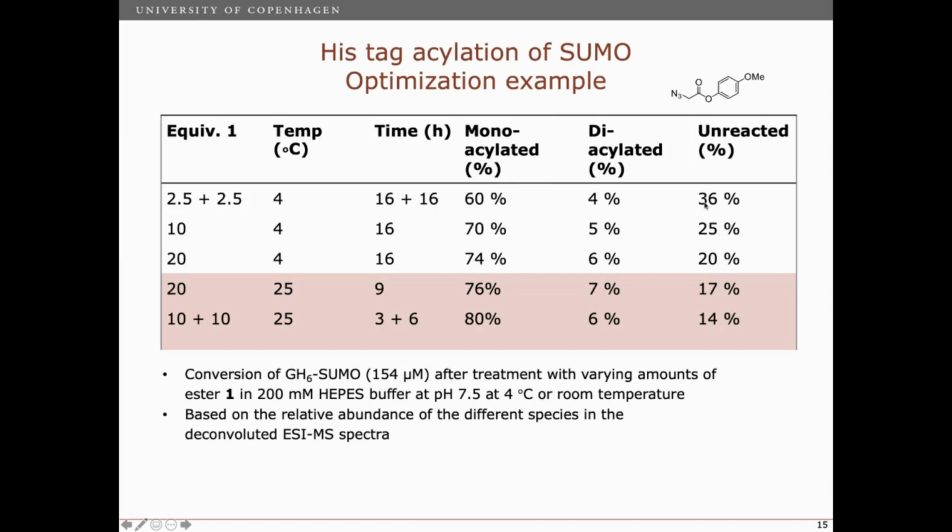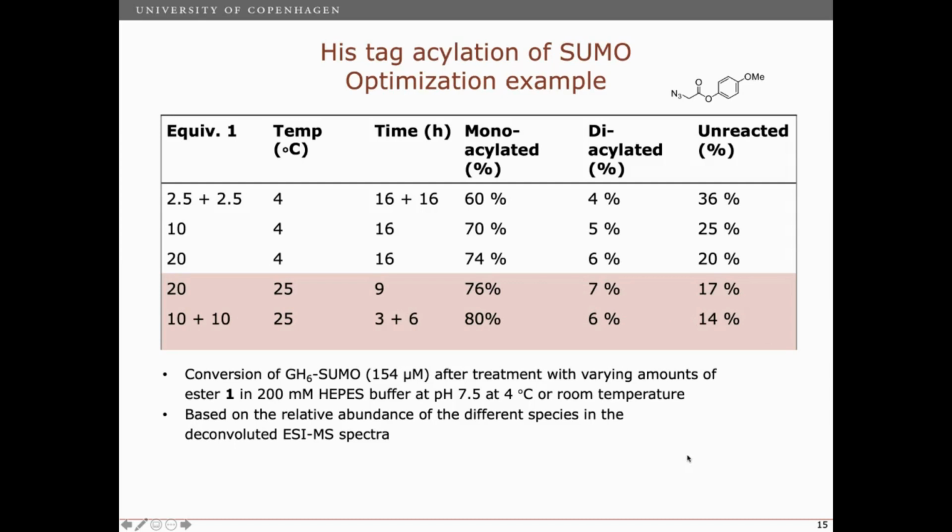Then we get some unreacted. We prioritize to have unreacted rather than diisolated here. But if we really want, this can be further optimized, and we can move from 60% monoisolation to 80%. And then we have a little bit more of the diisolated, but actually it's not very dramatic.